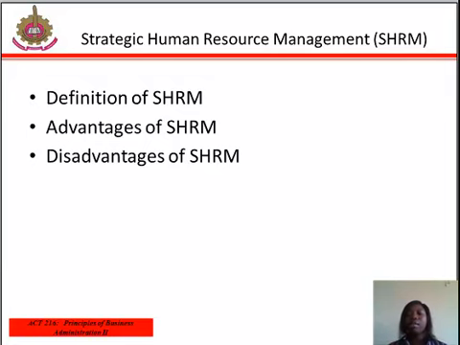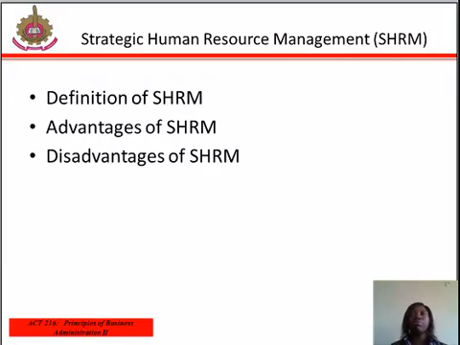And you know, advantages must also have disadvantages. So let's talk about the disadvantages of SHRM. The first one is resistance to change from the bottom line workers. It also causes conflicts among the employees over the issue of authority and the related fear of victimization.